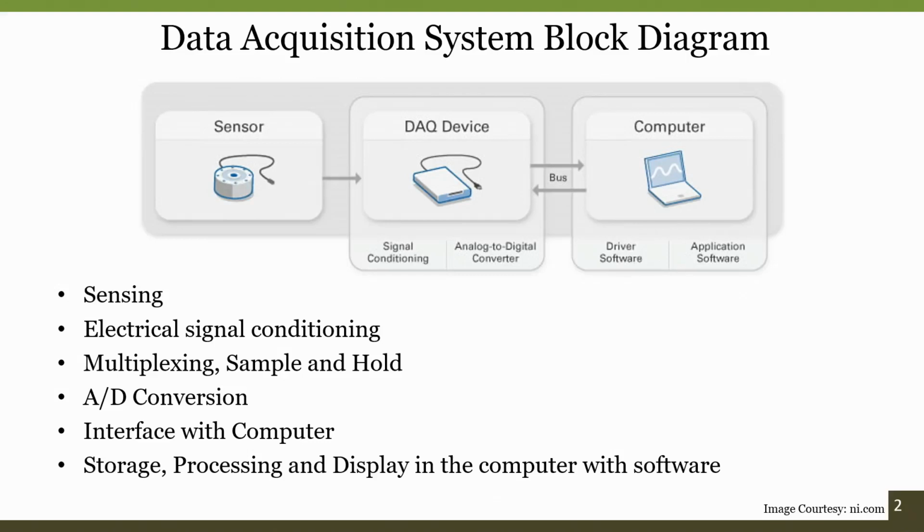When I say capable here, there are multiple factors we have to keep in mind when we are interfacing. One is the levels, the output level of the sensor system.